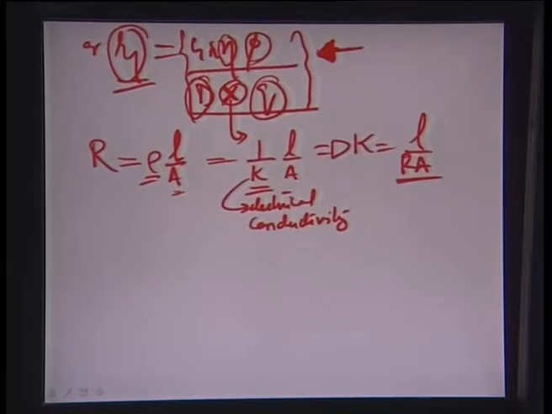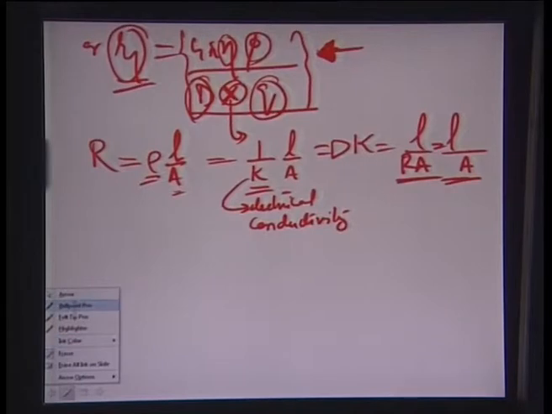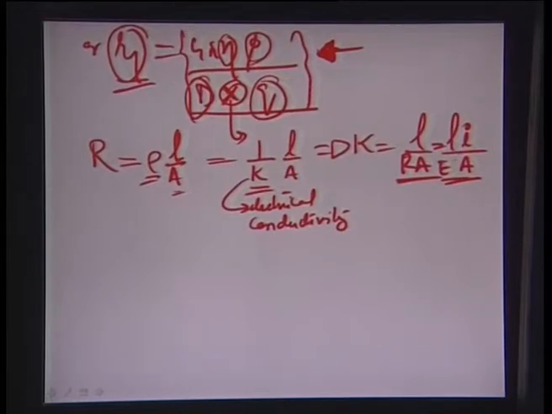And what is resistance really? Resistance is nothing but the EMF that is applied divided by the current that is created, right? That is how you can have the resistance. So the resistance, just by Ohm's law, is the EMF divided by the current I that is created in the particular medium.